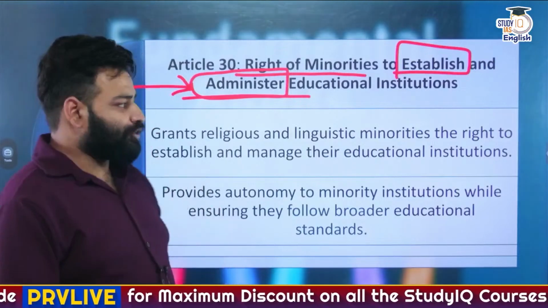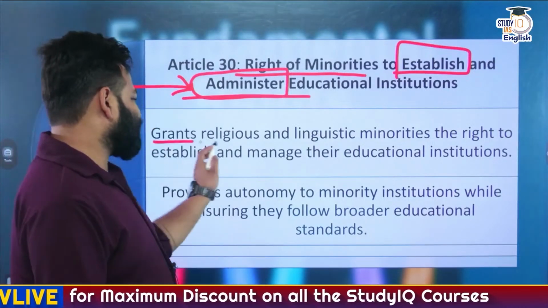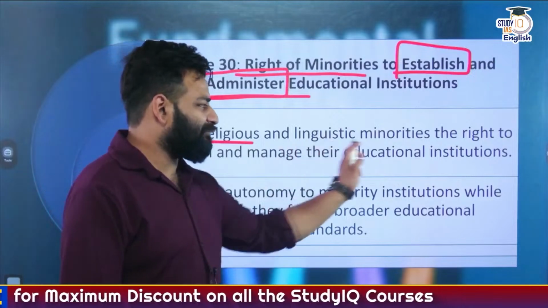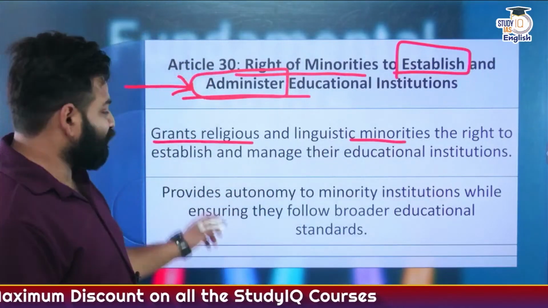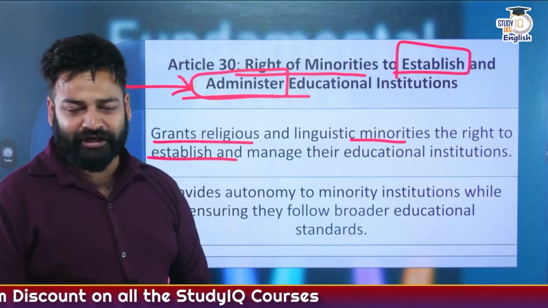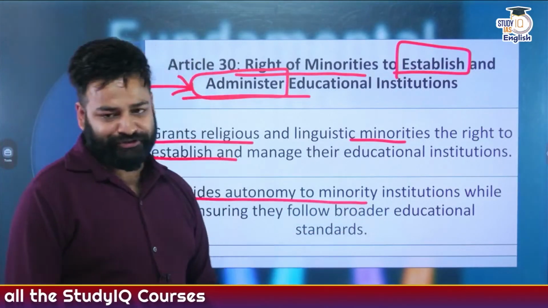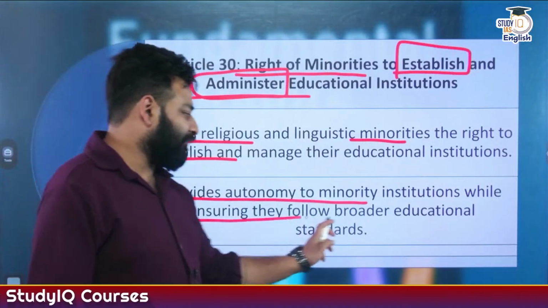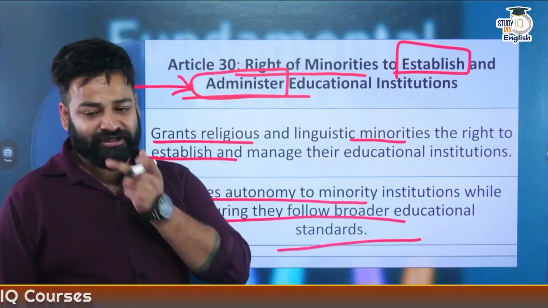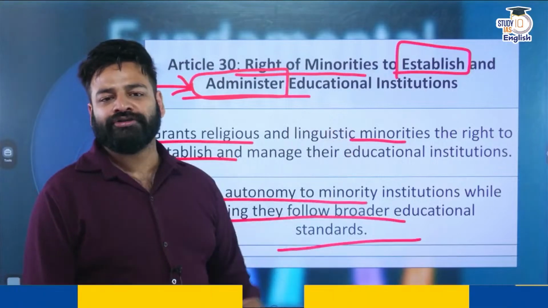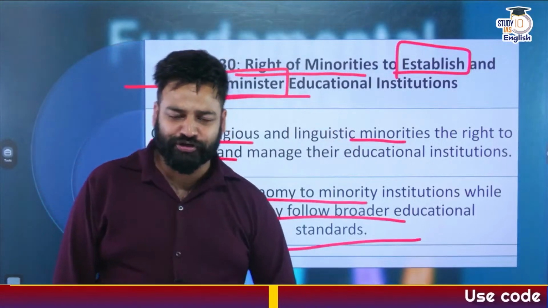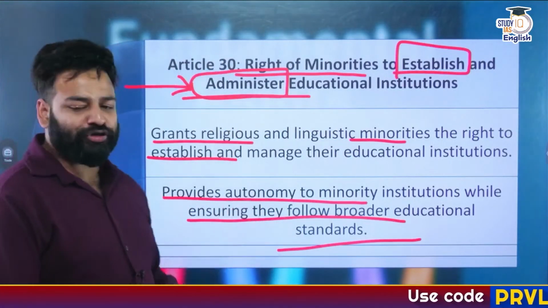So it grants religious and linguistic minorities the right to establish and manage their educational institutions, and provides autonomy to minority institutions while ensuring they follow broader educational standards. All those minority educational institutions will have proper autonomy.